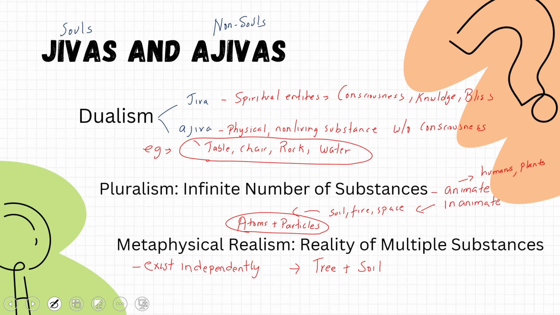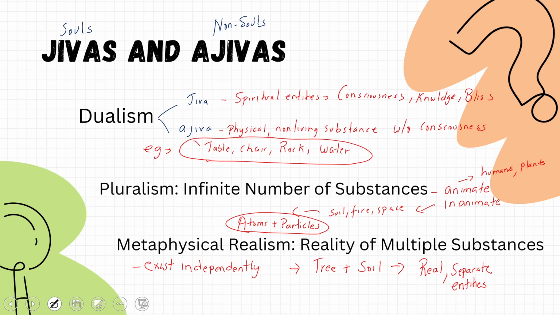Now soil is a non-living inanimate substance composed of atoms, particles, etc. They both exist independently as real, separate entities.